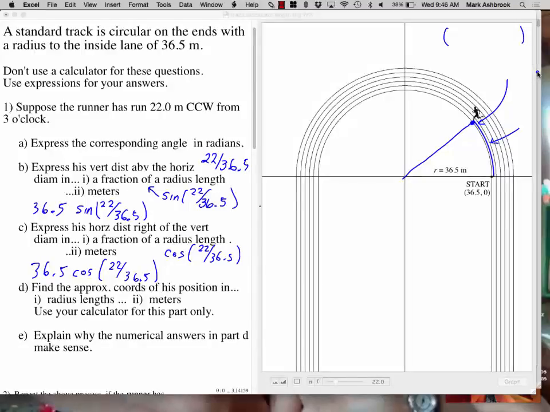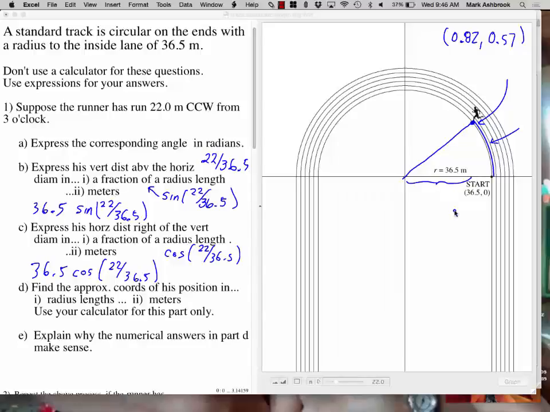So in radius lengths, what did we get for radius lengths? Did we get a number here? Logan, did you get that? Yeah, the radius lengths I got, for the coordinates, 0.82 and 0.57. And can you kind of say why those numbers make sense? Looking at the picture, why do those numbers make sense? Because it's 0.82 radians from the vertical axis, and then 0.57 radians from the horizontal axis.